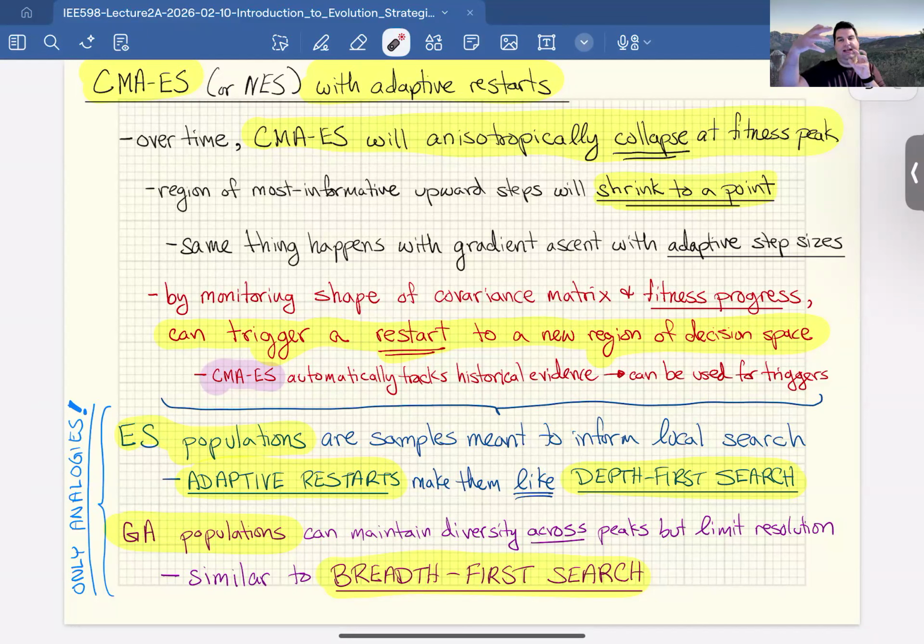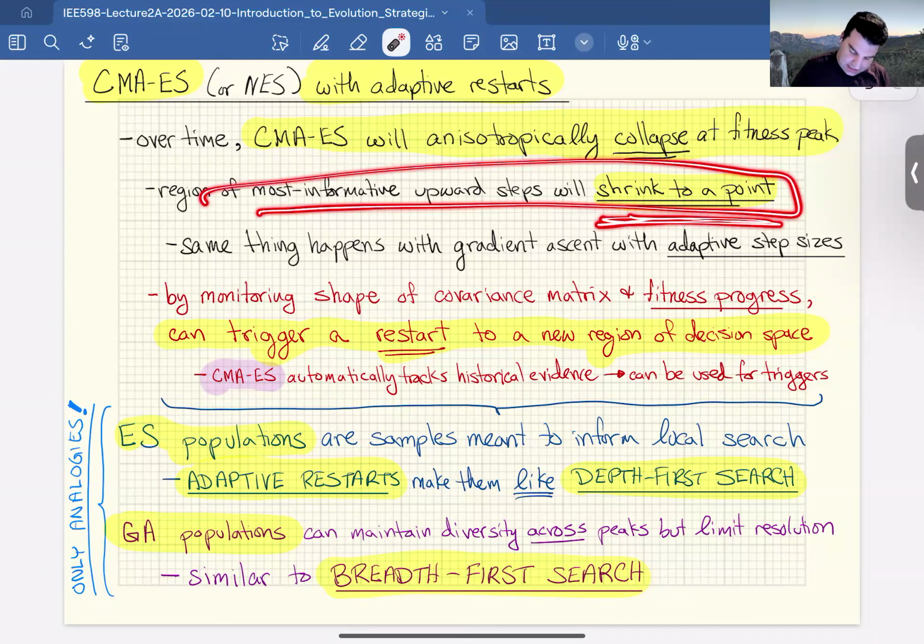But the whole thing is going to get smaller and smaller once you reach the top of that peak, because in order to reach towards higher and higher levels of fitness, the step sizes scale smaller and smaller so that the whole thing collapses down to a single point. So the region of most informative upward steps shrinks to a point.